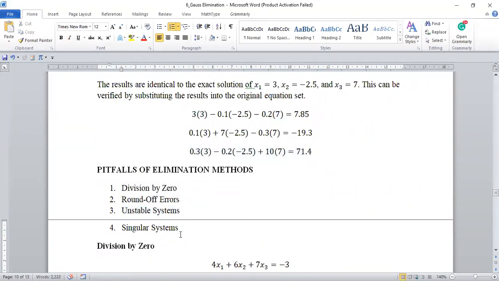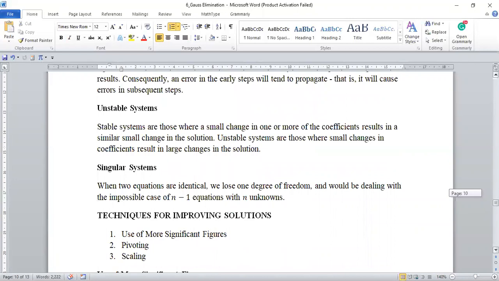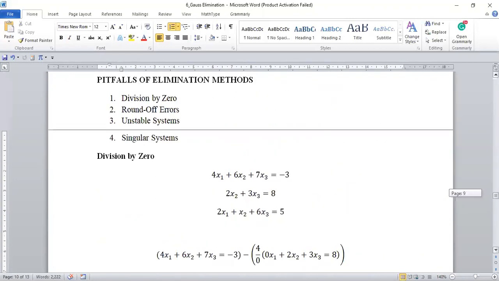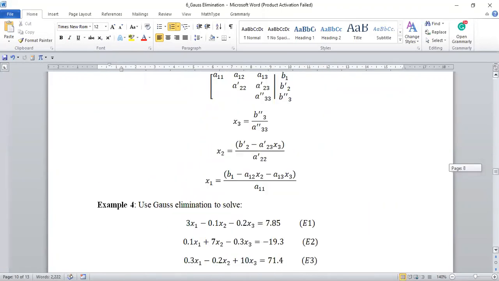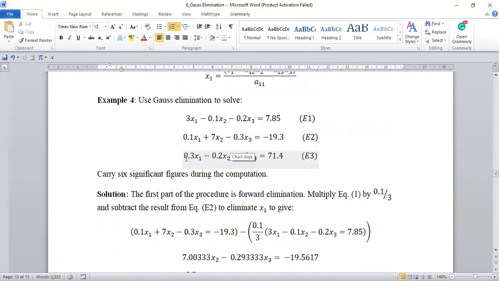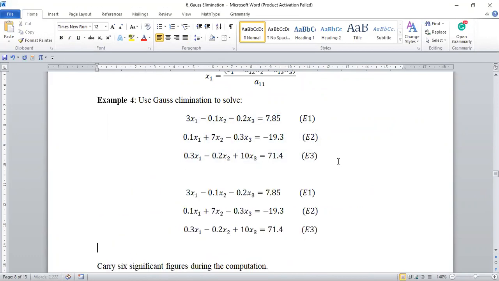Then singular systems are systems where two equations are very identical. For instance, let me give another question.